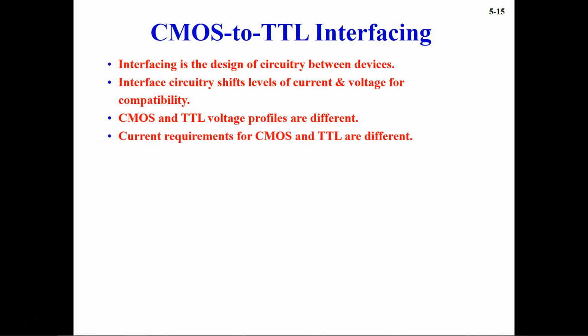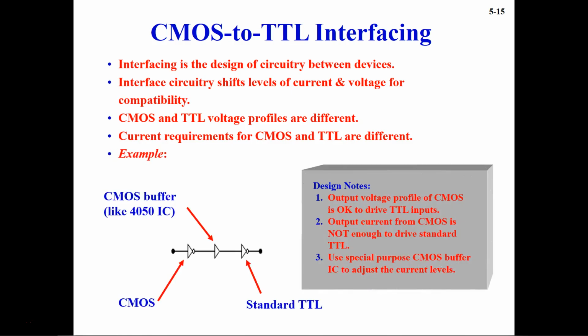Current requirements for CMOS and TTL are different. The 4050 IC is a CMOS buffer that can be used as an interfacing device, and that allows the CMOS inverter to have enough drive current to operate up to even 2 standard TTL inputs.